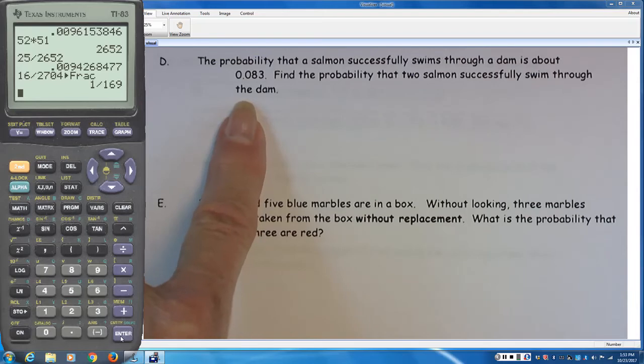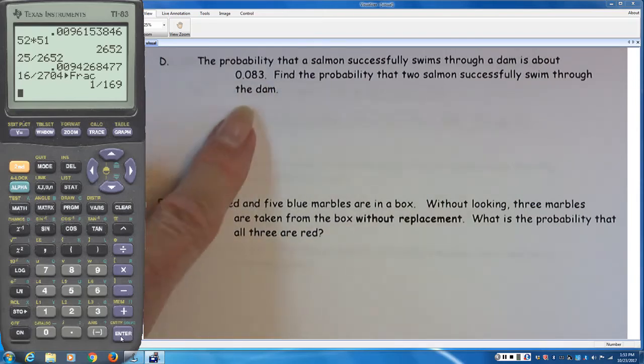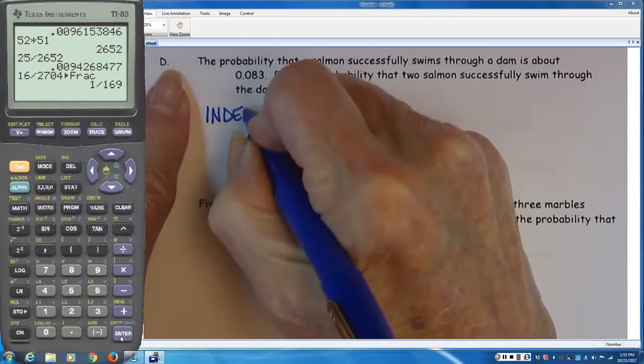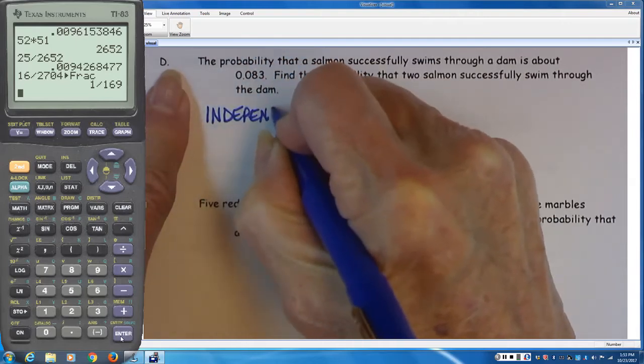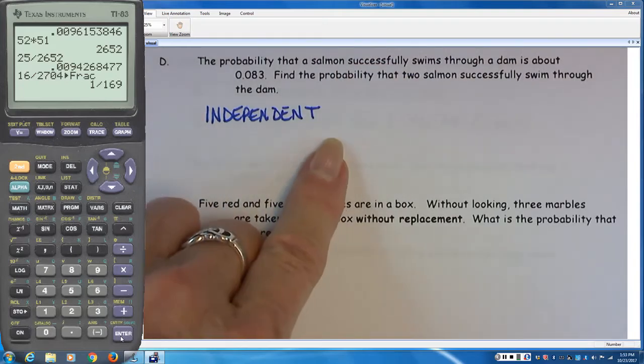That's exactly right. Or that the first one doesn't get through has any influence on whether or not the second one does or doesn't get through. So these are independent events. They're both going through the same dam, but they're going through by themselves.